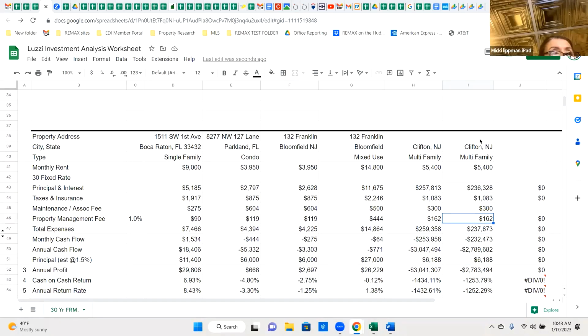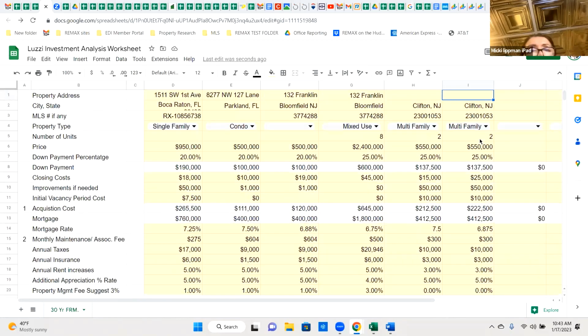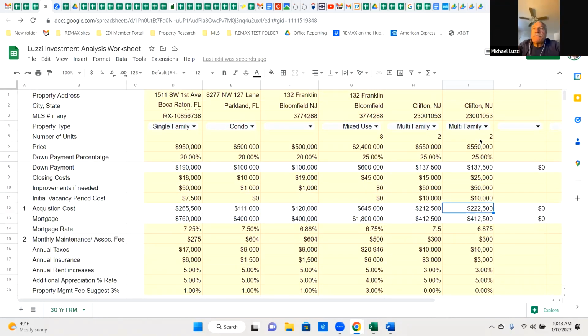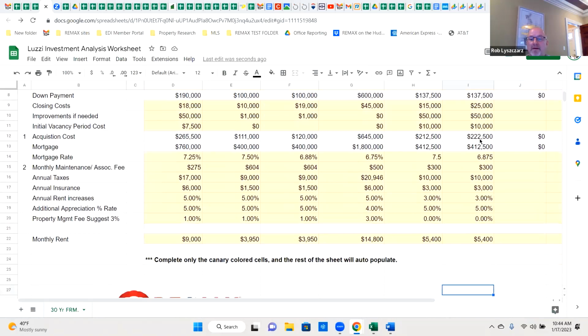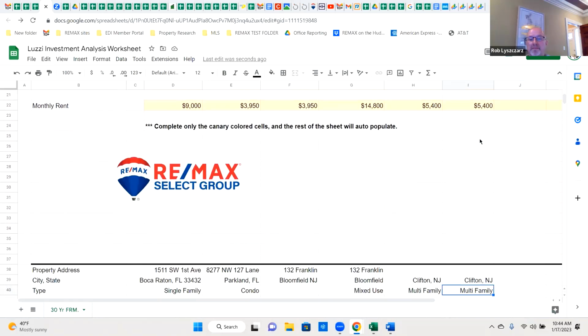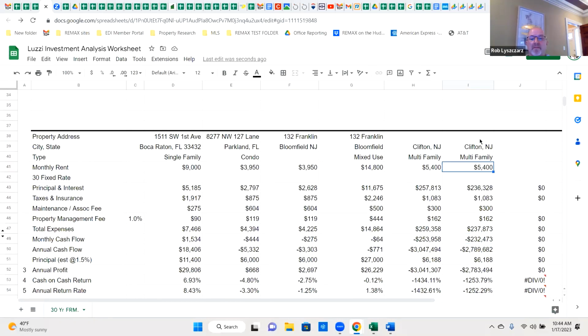Where are we? Cash on cash. Total 2222, $400,000 mortgage. All right, obviously fine.